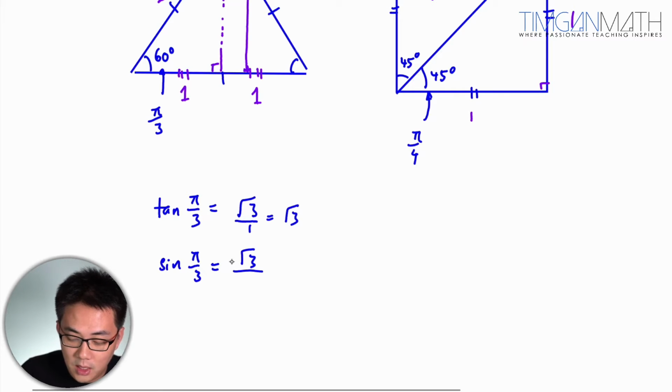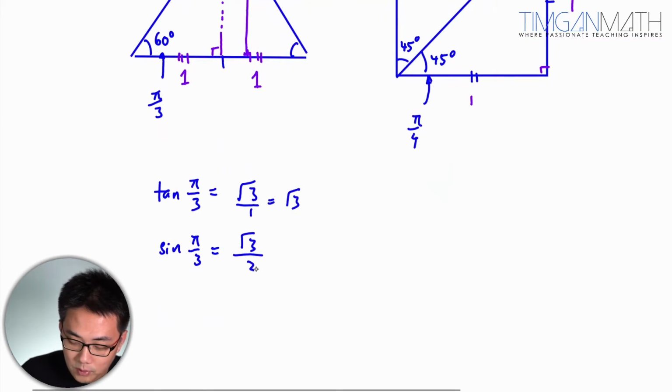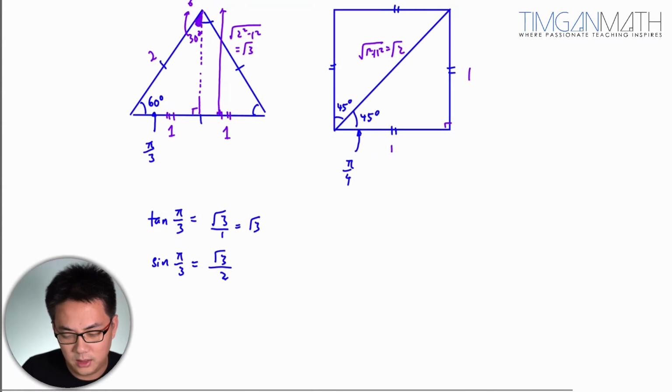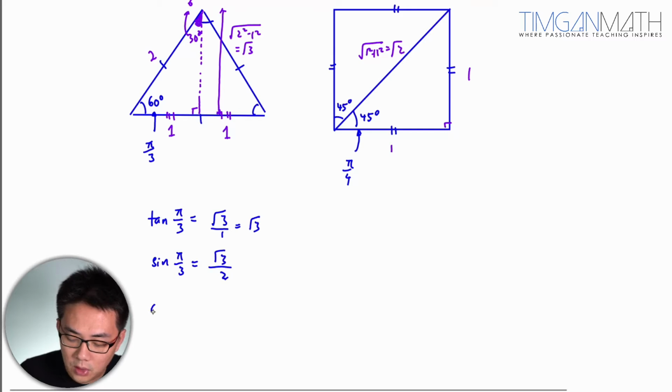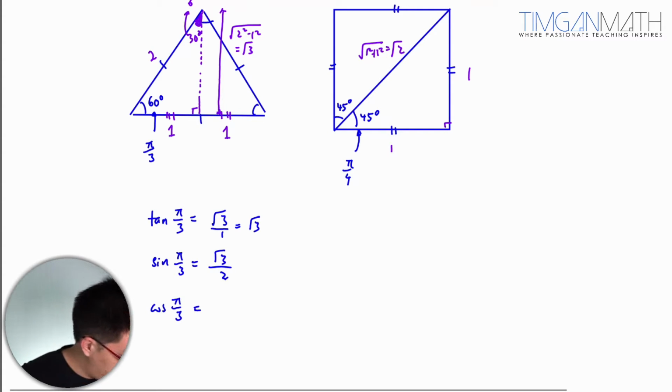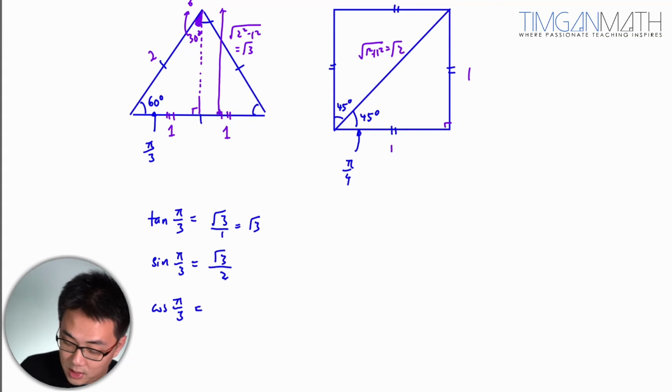So this is root 3. Sine pi over 3 is opposite over hypotenuse, root 3 over 2. Is it root 3 over 2? Yes. Cosine pi over 3 would be half, right?